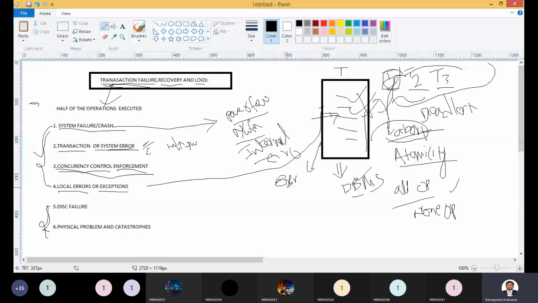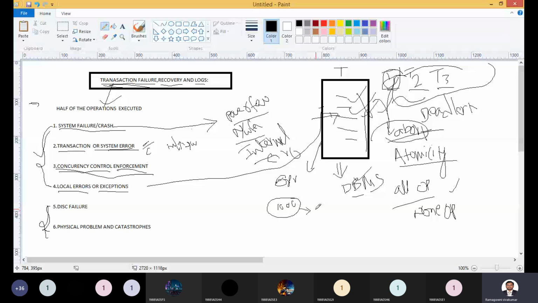What is an exception? It is an abnormal condition that interrupts normal execution. For example, in your account you may have 1,000 rupees. We debit 800 rupees in one transaction, and then we do another transaction.